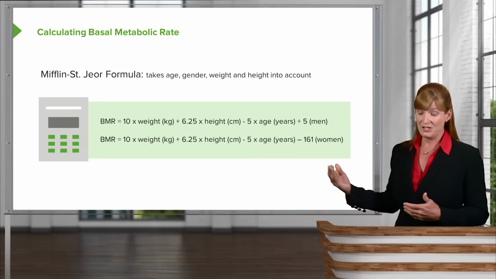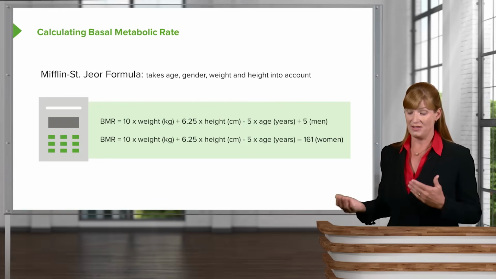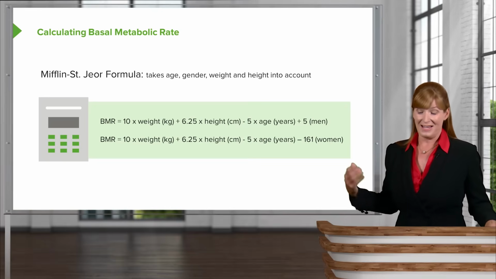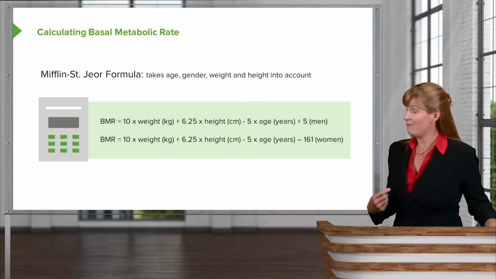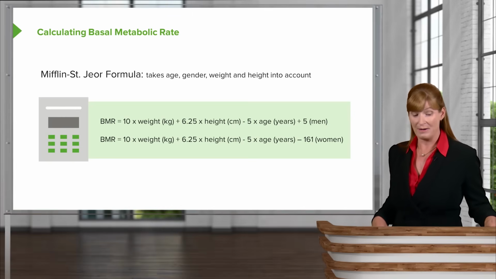And you can see that there's an adjustment over there on the right-hand side based on the gender, whether it's male or female. And again, you don't need to understand where the numbers come from. It's a plug and chug kind of thing, measuring height in centimeters and weight in kilograms.